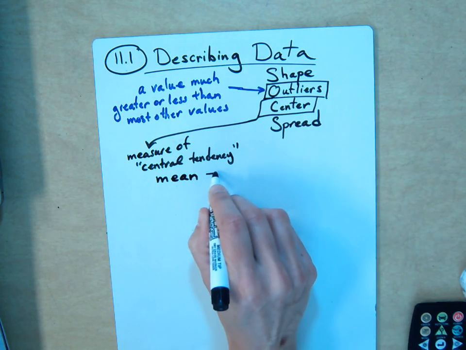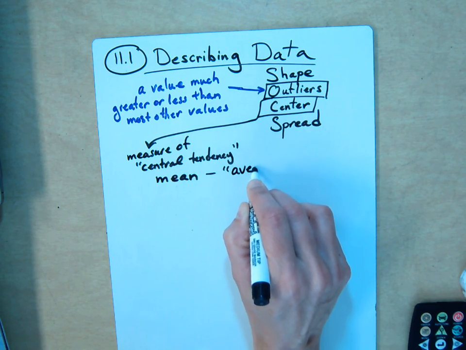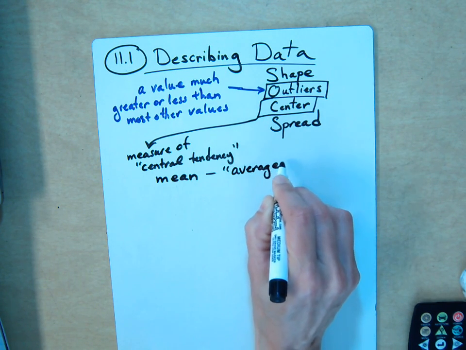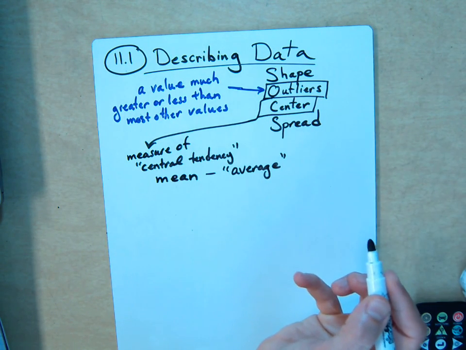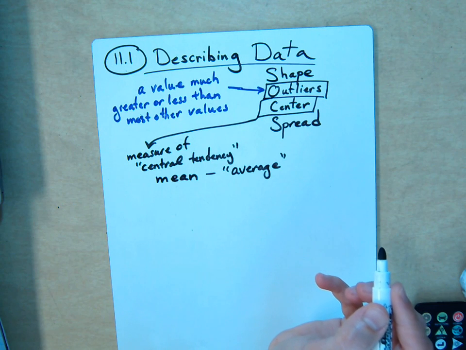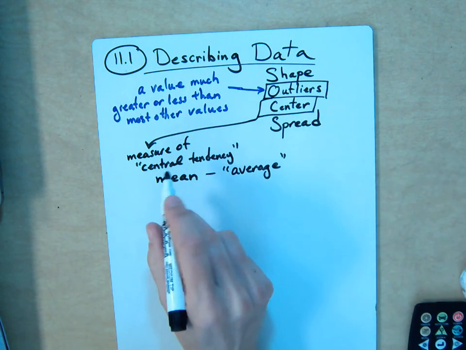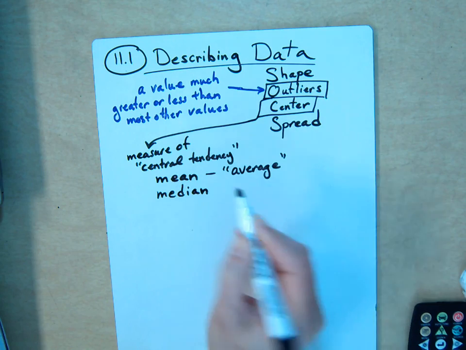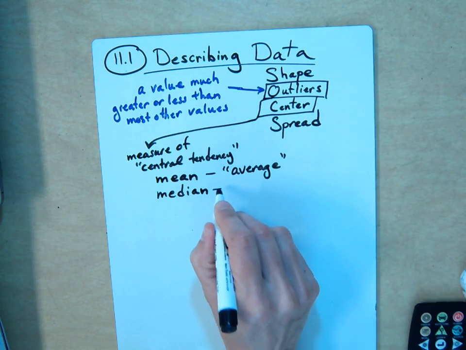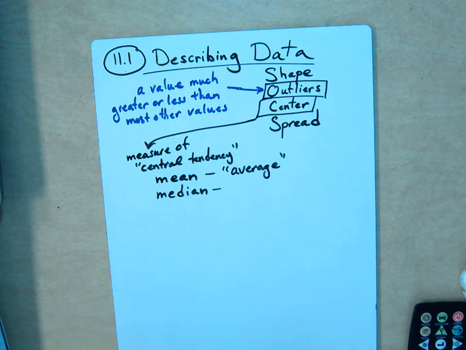The mean is what we typically mean when we talk about the average. The problem with the mean is that really large values like outliers can pull this average way higher or way lower. Whereas the median is less resistant to being pulled really high or really low.